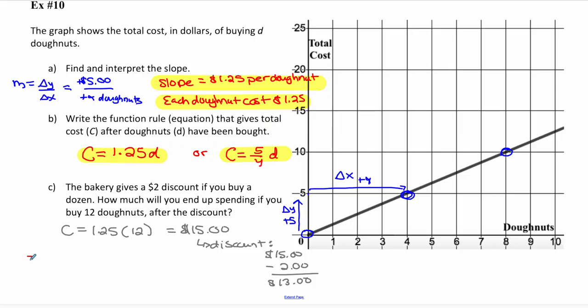This means that you would spend $13 after the discount. So it's not just finding the original answer, but remembering to read back through what all you have to do. It gave a discount after you bought the 12 donuts. So you had to figure out what the price was with the 12 donuts. Then we had to do the discount. So we had to subtract the $2 from the original price.